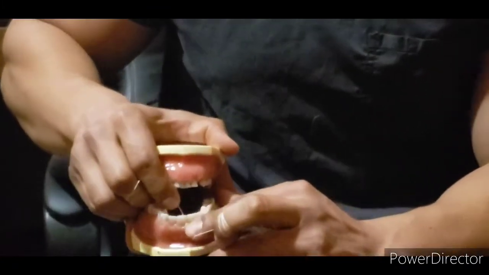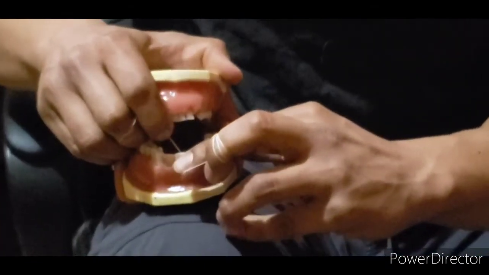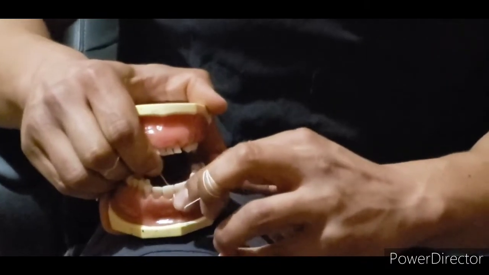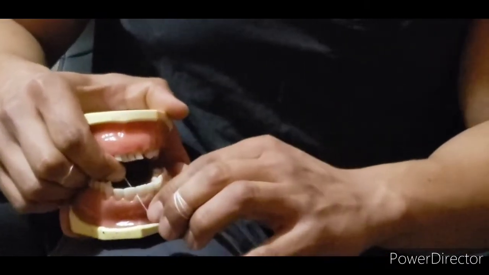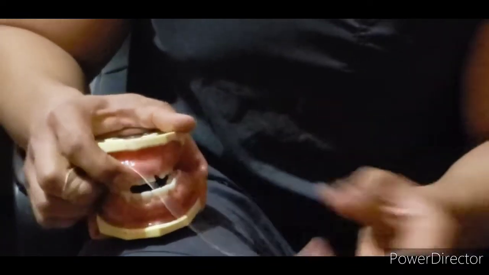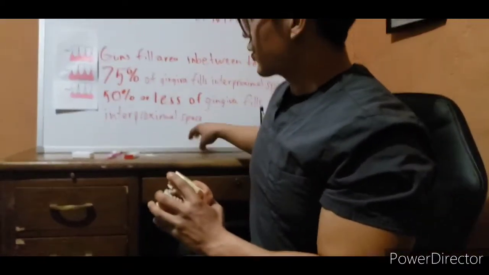Go up and down. Wrap it around the side of the tooth. Go up and down. Do not use a saw motion because this can cut your gums and it could cause irritation. But this would be one of the most effective ways to remove any type of bacteria or plaque when you have a type 1 embrasure.